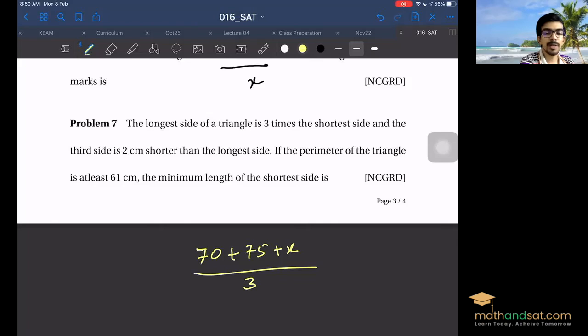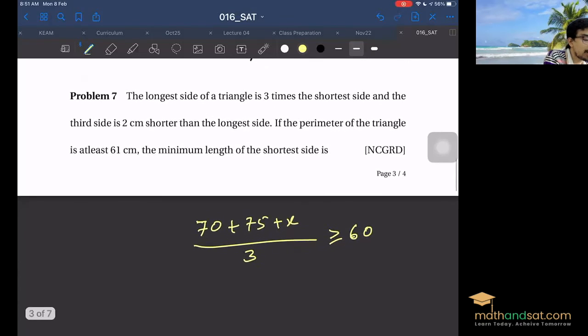So what symbol do we write? At least 60 means minimum 60, which means 60 or more than 60. So this is to be greater than or equal to 60.